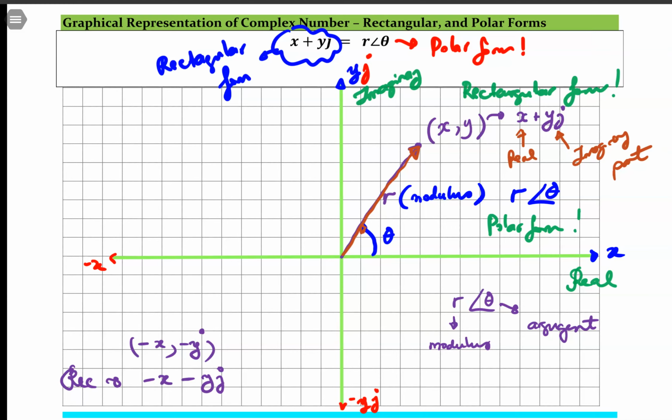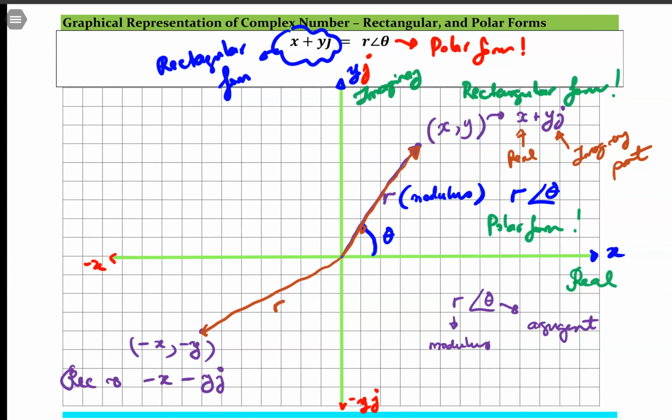Again, in polar form, you will have to be very careful. We start from the origin (0, 0) and draw a vector to this point. Put a vector on top of that, and this is my r for this particular complex number. And how do I identify my argument?